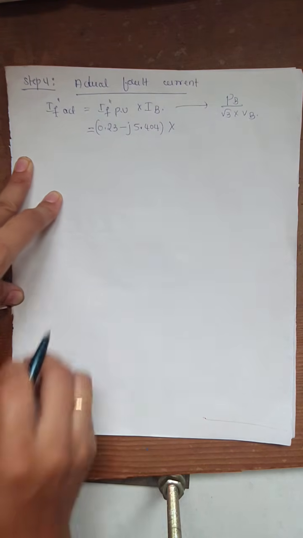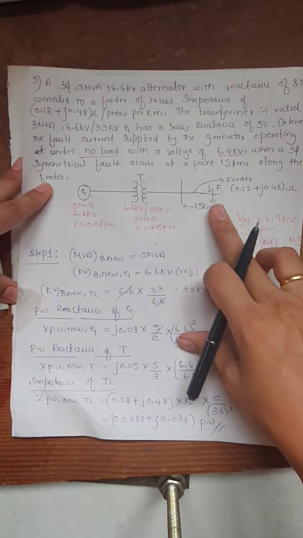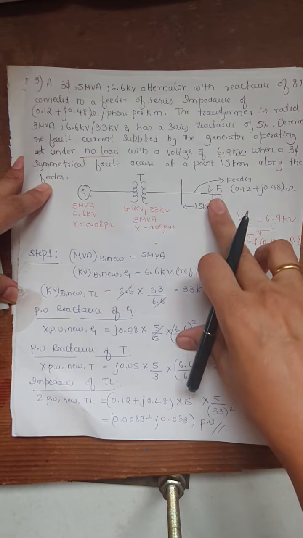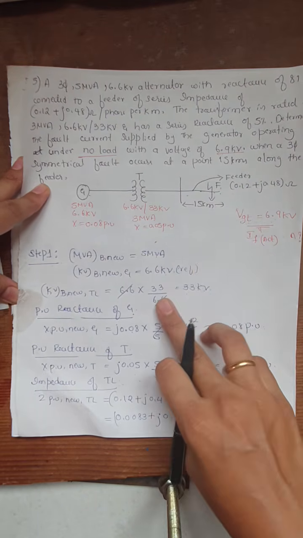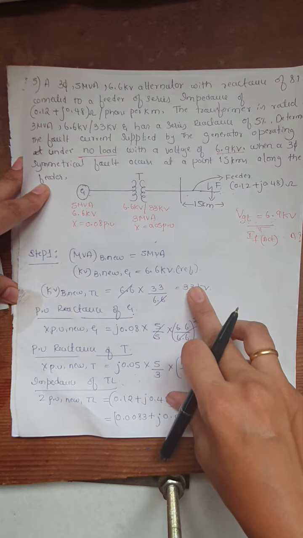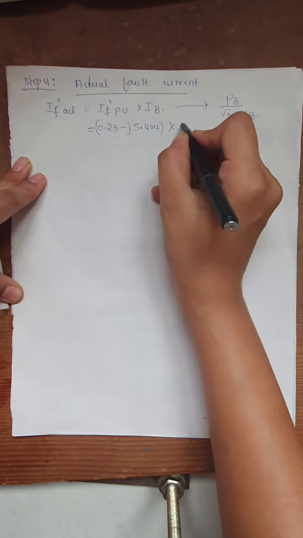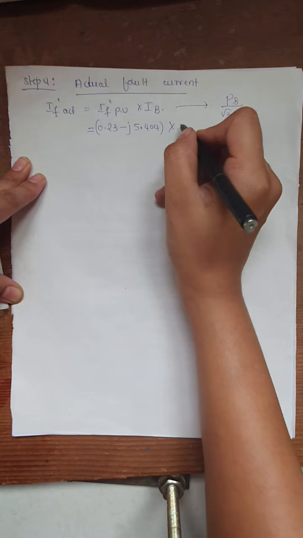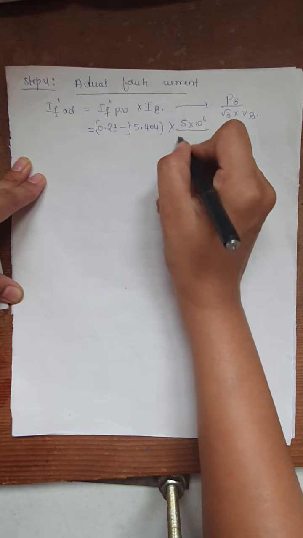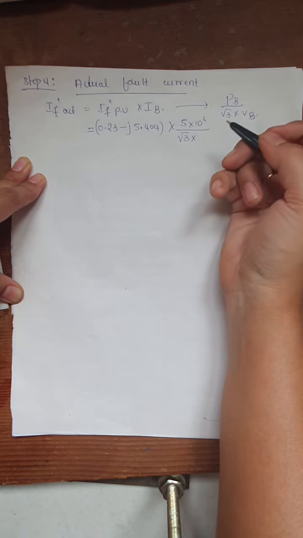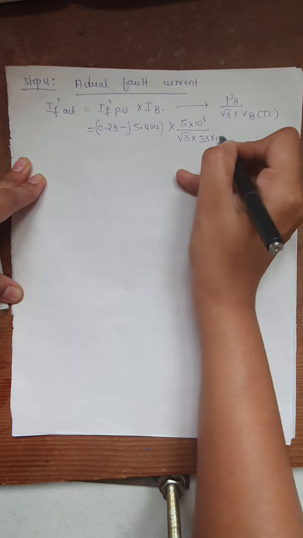Which base voltage should you consider? Look at the one line diagram. Since the fault occurs along the transmission line or the feeder, we need to consider the base voltage of the feeder, that is 33 kilovolt. So P base is the base chosen in the first step, 5 MVA into 10 power 6, divided by root 3 into V base, the base voltage of the transmission line, 33 kilovolt.